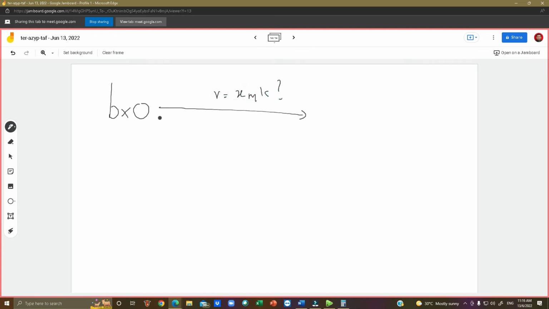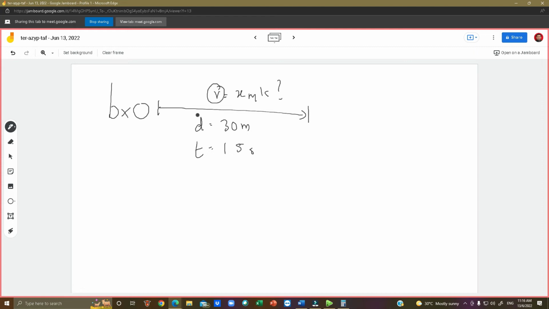But this ball travels for, let's say, 30 meter. The distance is 30 meter, and the time taken for the ball to travel this 30 meter is 1.5 second. So the question is, what is the velocity of the ball?